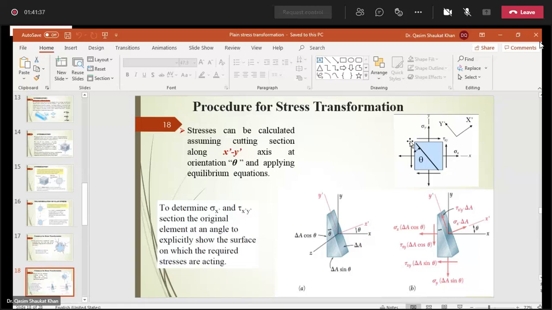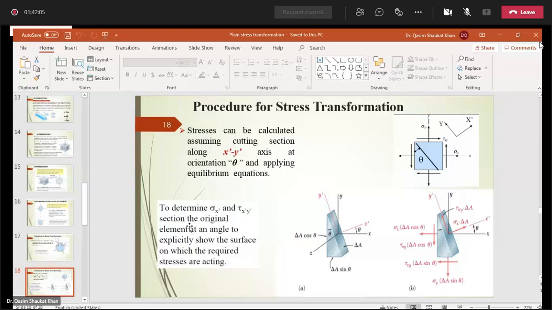In the second half we will cut the section along the x dash axis and we will get the expression for sigma y dash, applying the equilibrium equations. So this part we were doing to determine sigma x dash and tau x dash y dash.